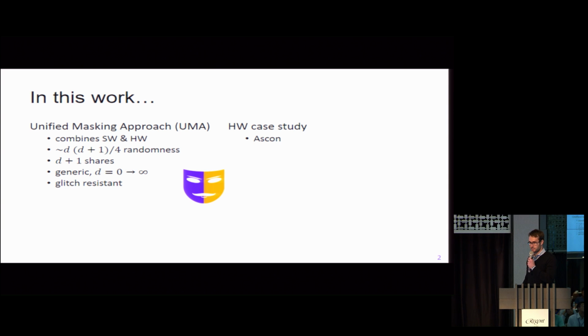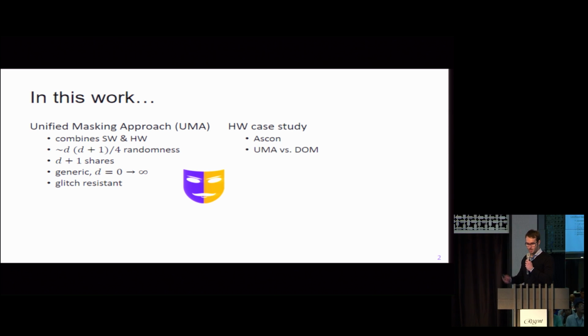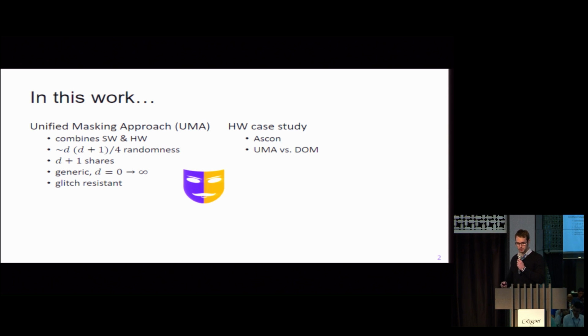So this sounds nice. How does this map to practical properties? This we analyzed in a hardware case study where we took the authenticated encryption design ASCON as the basis. So we compared the UMA versus the domain-oriented masking scheme on the basis of ASCON. The domain-oriented masking scheme was the most randomness-efficient masking scheme up to this work and has otherwise quite similar properties.